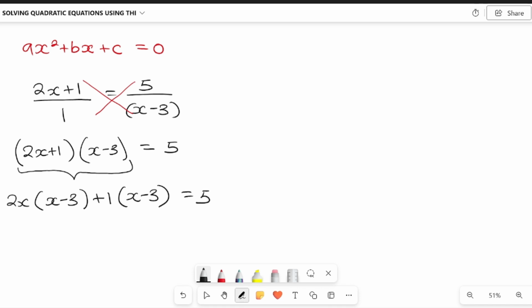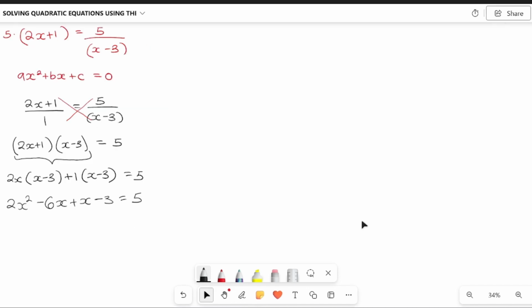And 2x times x gives us 2x squared, minus 2x times 3 gives us 6x, plus 1 times x is x, and 1 times negative 3 is minus 3, equals 5. Okay, let's collect the like terms. We'll have 2x squared, minus 6x plus x will give us minus 5x, minus 3 equals 5.